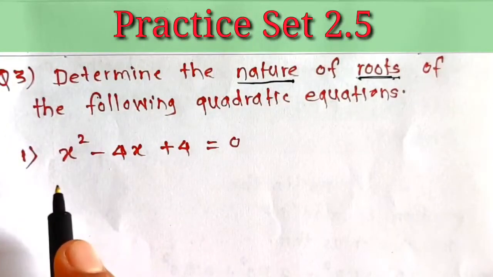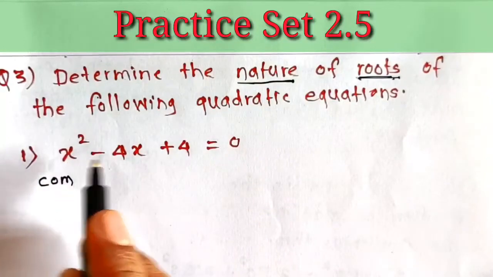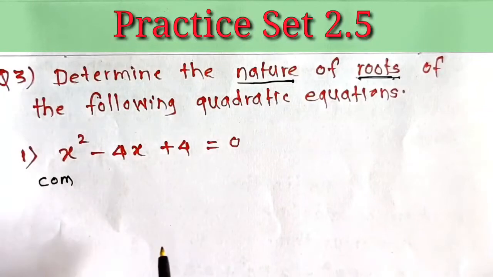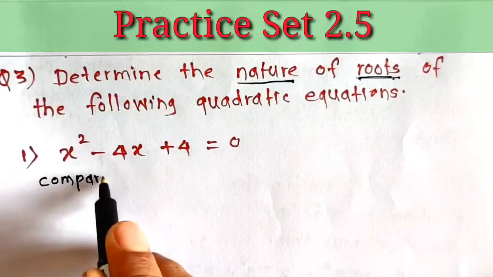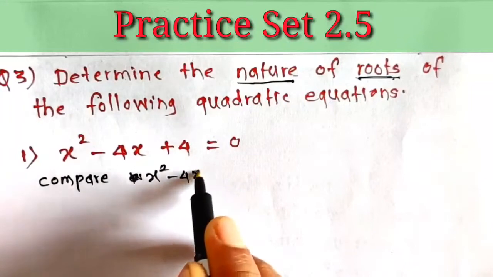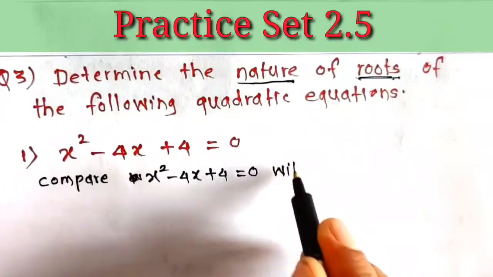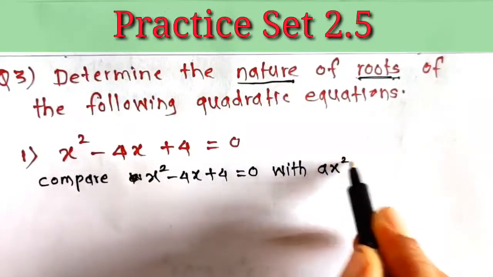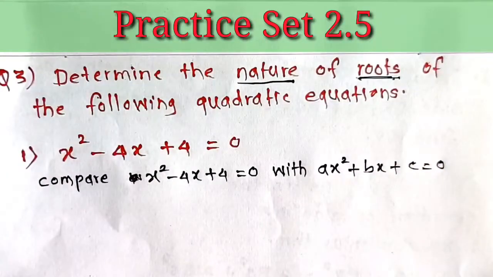So here, first we have to compare the equation. The first equation is x square minus 4x plus 4 is equal to 0. Now compare this x square minus 4x plus 4 is equal to 0 with ax square plus bx plus c is equal to 0.